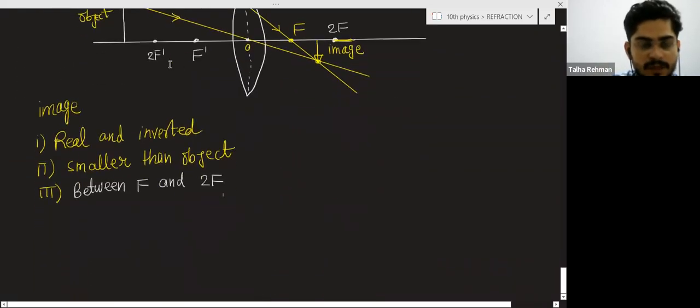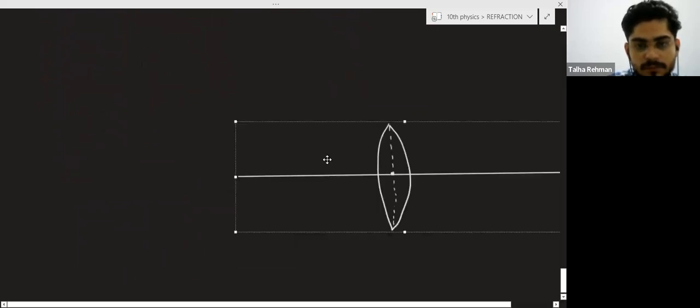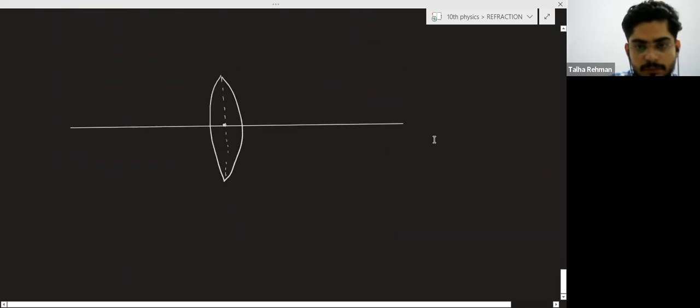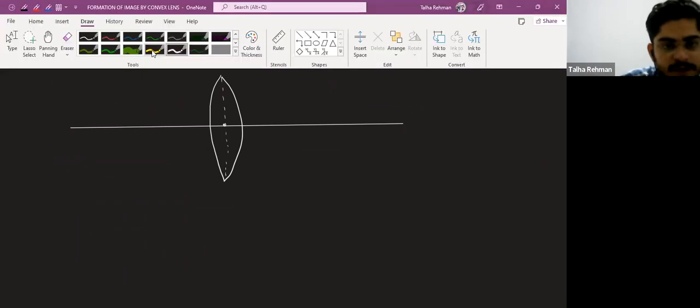Okay, the last case I am going to discuss: when the object is at infinity. What will happen when the object is at infinity?